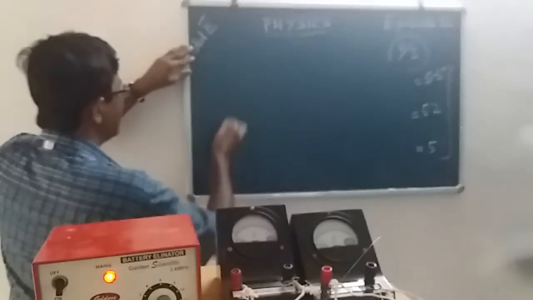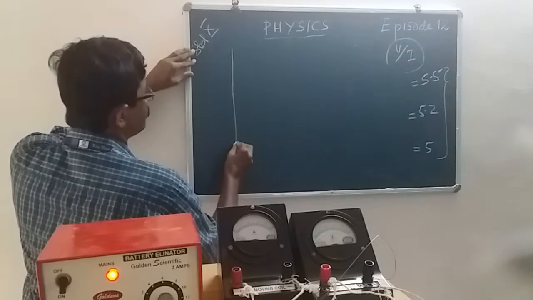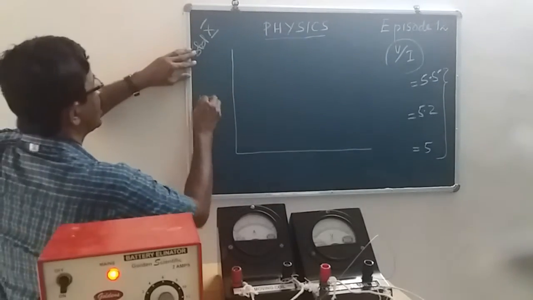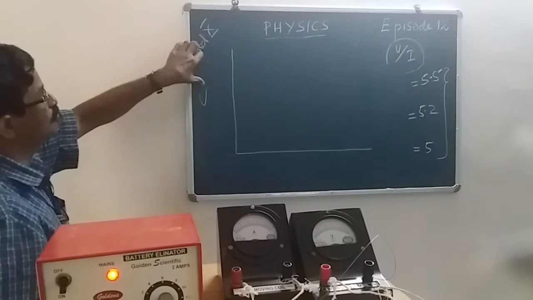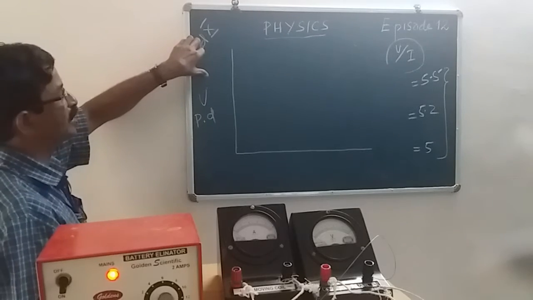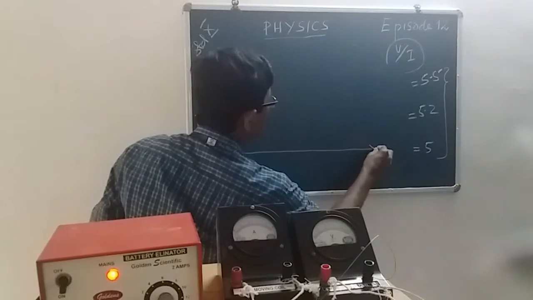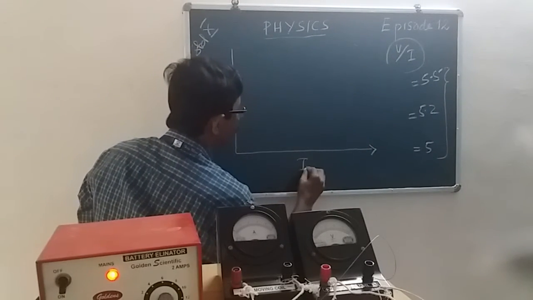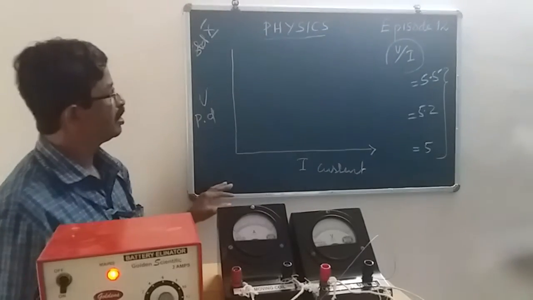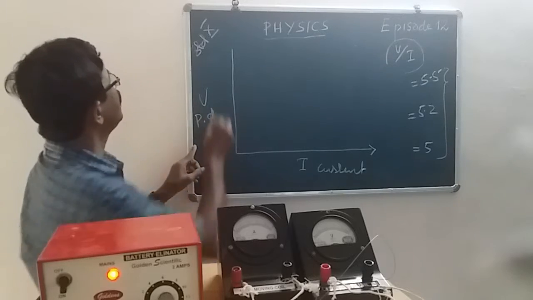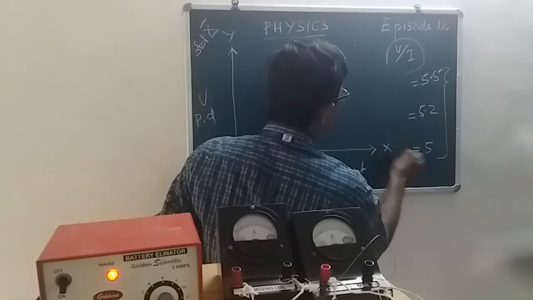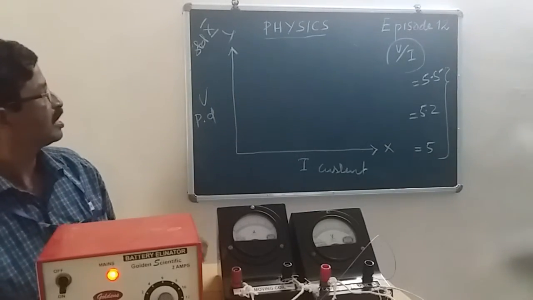For that, we can draw a graph with V, the potential difference, along the y-axis and I, the current, along the x-axis.